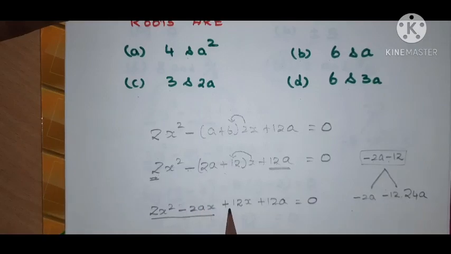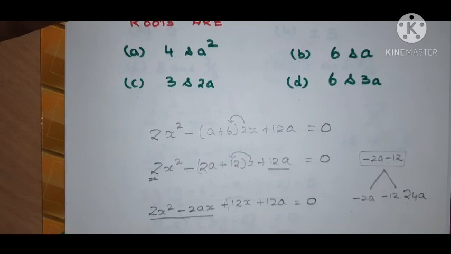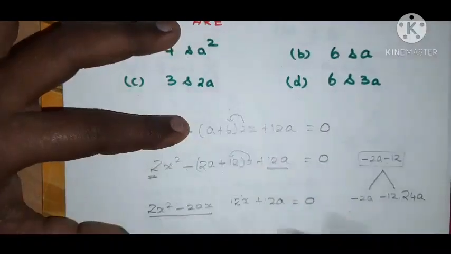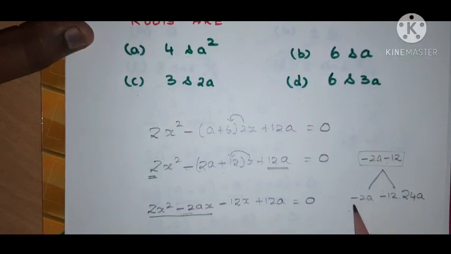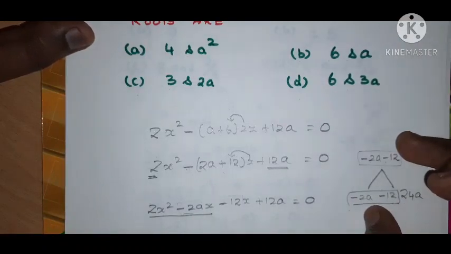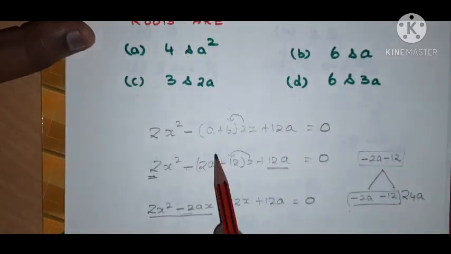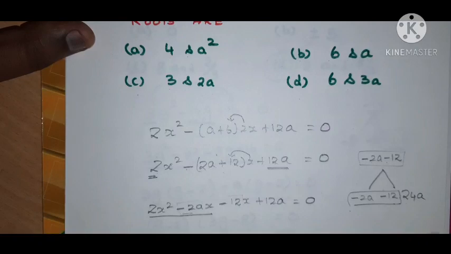Minus 2a and minus 12, I was wrong earlier, it's minus, not plus. Exactly what we got here also. But we don't need to go through this step in this problem, as they have given it directly. Just for learning purposes, we worked it out. We got the expression 2x squared minus 2ax minus 12x plus 12a is equal to 0.